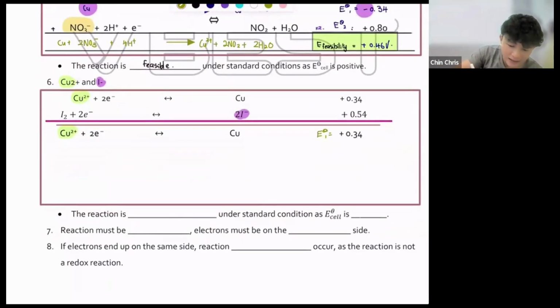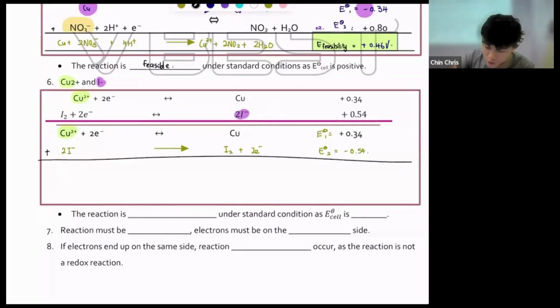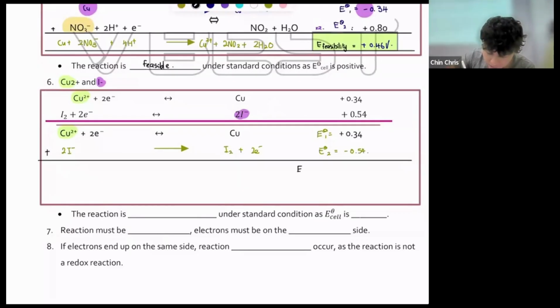So guys, second, you actually need to flip your 2I- now. You flip it, I2 + 2e-, and when you flip, the E naught value also changes to negative. Thank you, Kwan Lang, you got it right. So guys, what is my E cell?